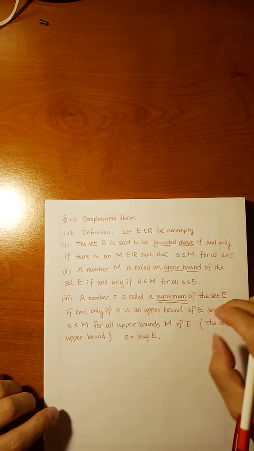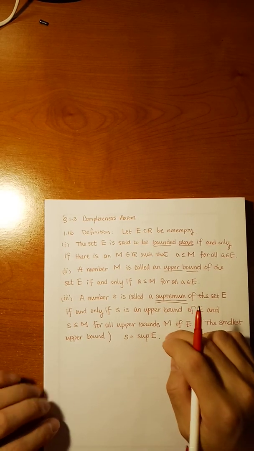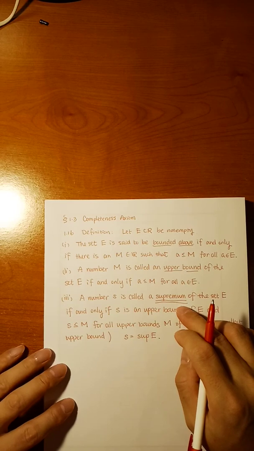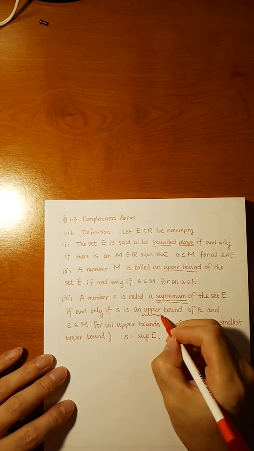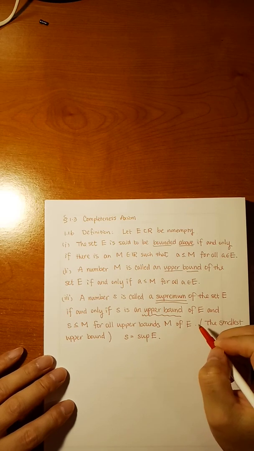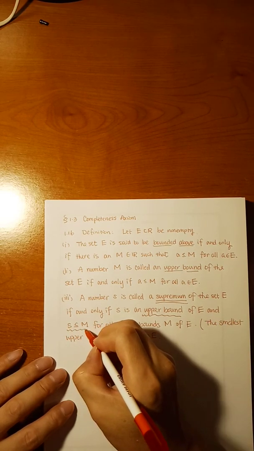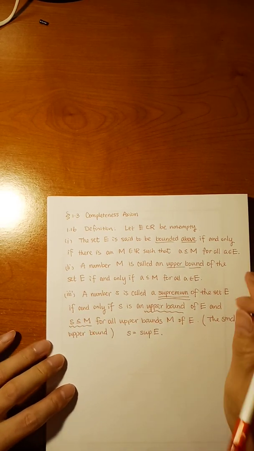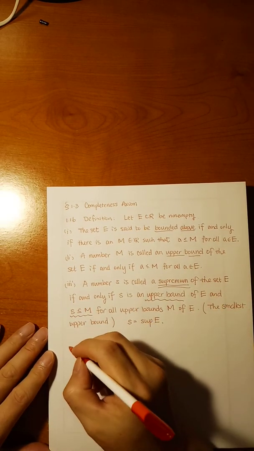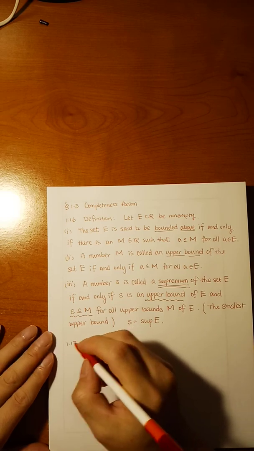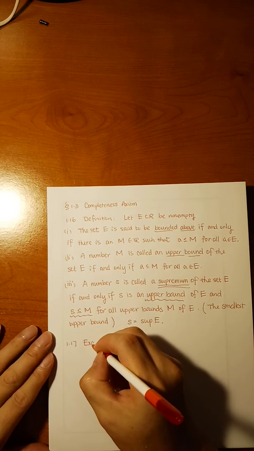So in this concept, especially the third one, when you want to determine a supremum, you need to determine two cases. One, it is an upper bound. Second, it's the smallest one. All right. Okay, let's see the example. See how do we find some upper bound.